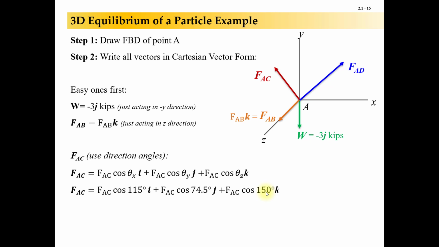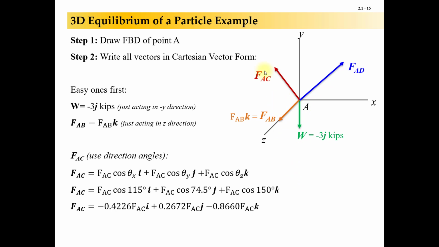Those were all given in the problem statement, which gives us these values. Cosine of 115 is minus 0.4226. In the j, 74.5, the cosine of that is 0.2672, and the cosine of 150 is minus 0.8660.